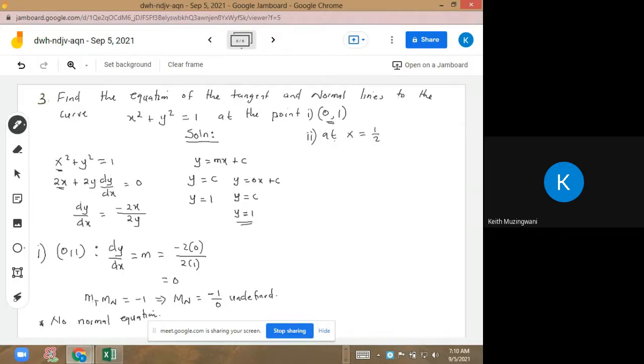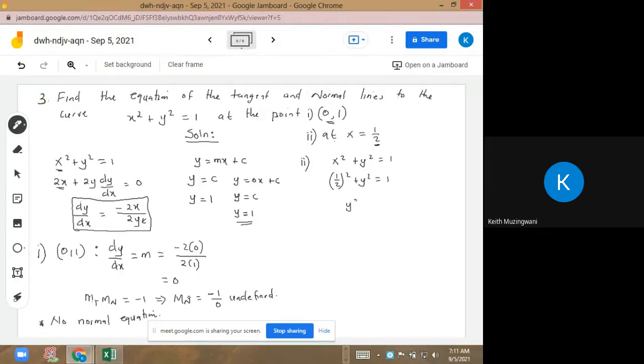For 2, so that we see what happens. For 2, you get the same derivative, and substitute x. But this derivative will also have y. So you first find a point or the y value corresponding to half in x. Since we have x squared plus y squared is 1, when x is half, what is y?